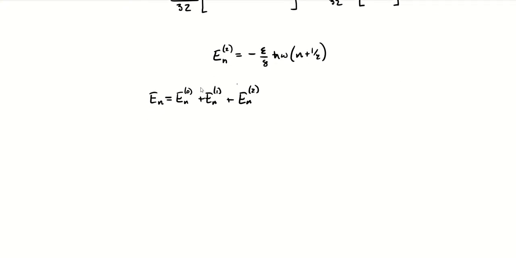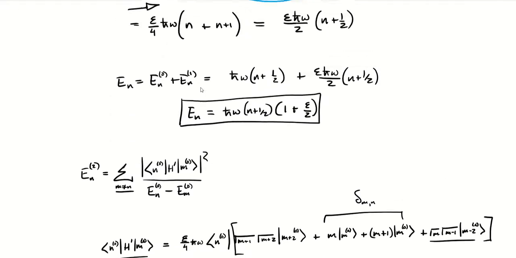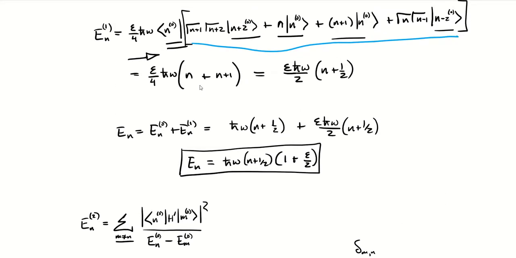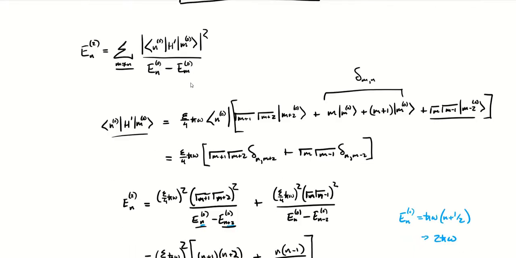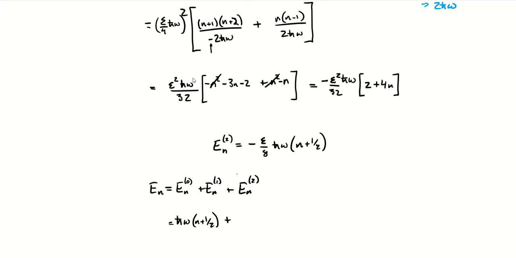Putting them all together, this is h bar omega n plus 1/2 plus, if we go all the way up here, this was epsilon h bar omega over 2 n plus 1/2.